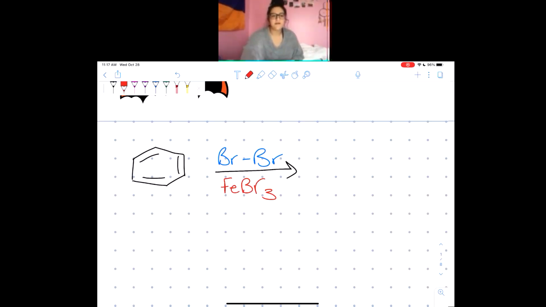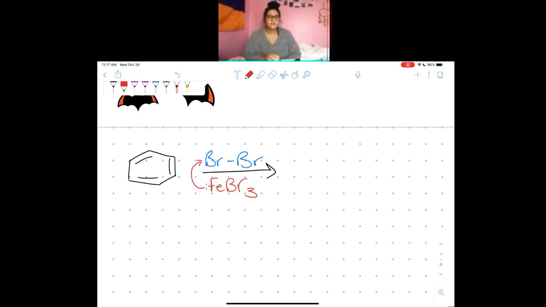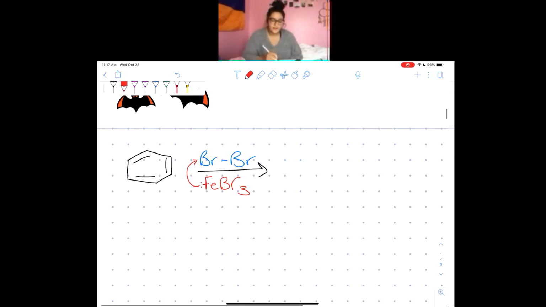So FeBr3 is going to be our acid catalyst again, and it is going to attack the Br2, and we get FeBr3 minus, and it is attached to Br, and that Br will have a plus, and it will be attached to another bromine.